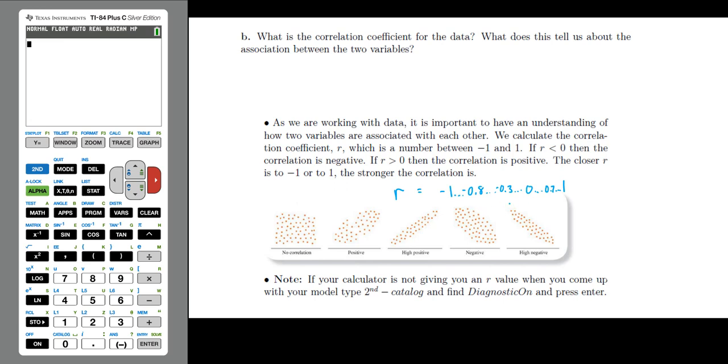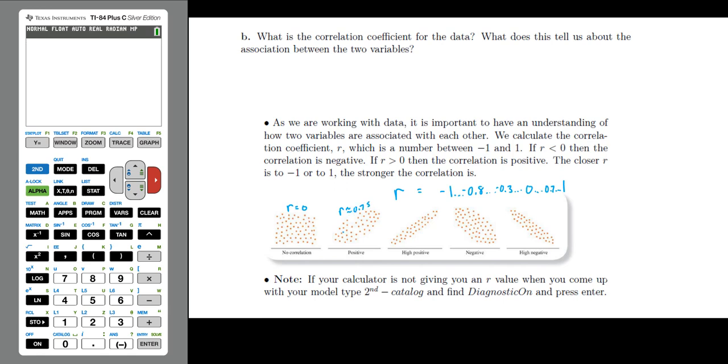So an R value of 0 means there is no apparent relationship or no apparent association between the values at all. This picture right here is what it would look like if the correlation coefficient was 0. This one right here might be like R is 0.75.